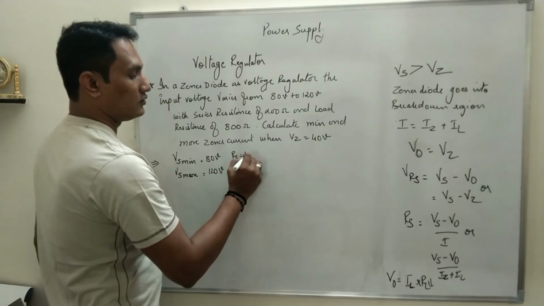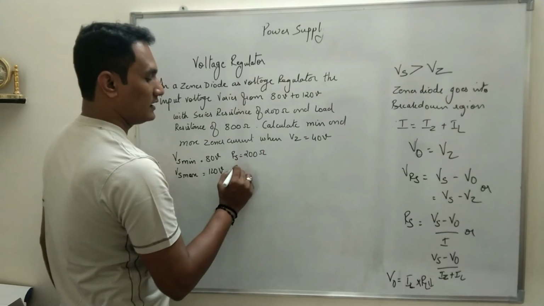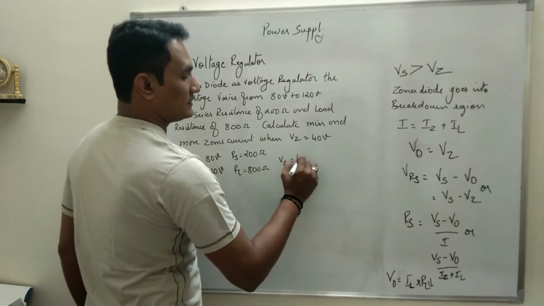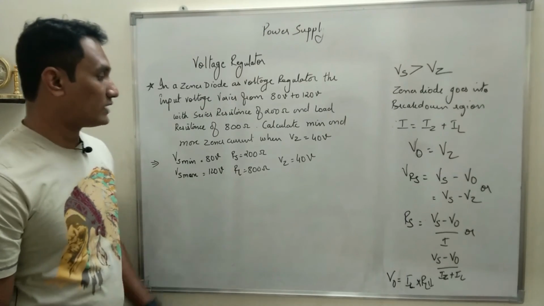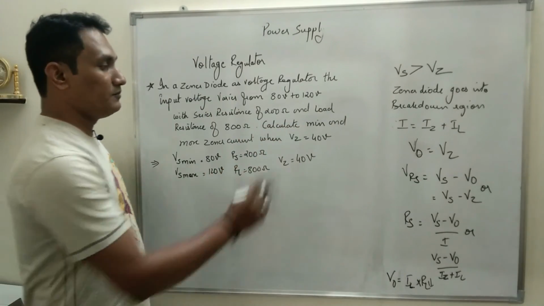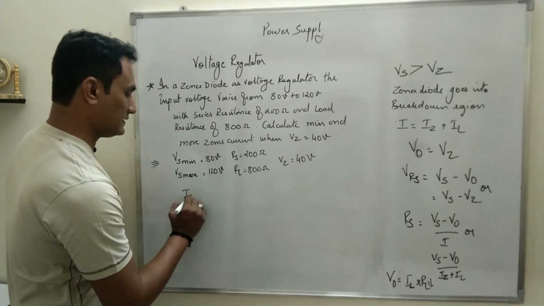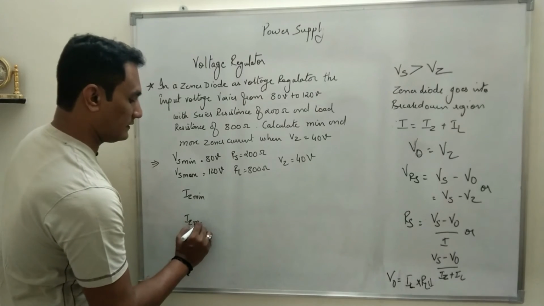Rs, that means series resistance, is 200 ohms. RL is equal to 800 ohms, Vz is 40 volt. These things are given and we are asked to calculate the minimum and maximum Zener current, that means Iz minimum and Iz maximum.